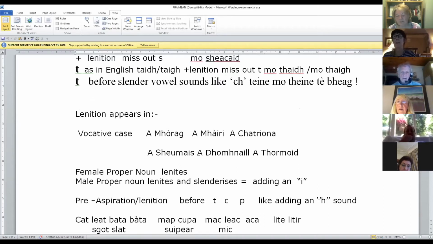A Hamish, what happens? The female proper noun lenites, but the male proper noun lenites and also slenderizes, and by that I mean you add an I. So Seumas becomes a Sheumais, Donald becomes a Dhòmhnaill, and Tormod becomes a Thormoid. Seumas is the Gaelic for James, and a Sheumais is how you get the English proper name Hamish, which people are called.